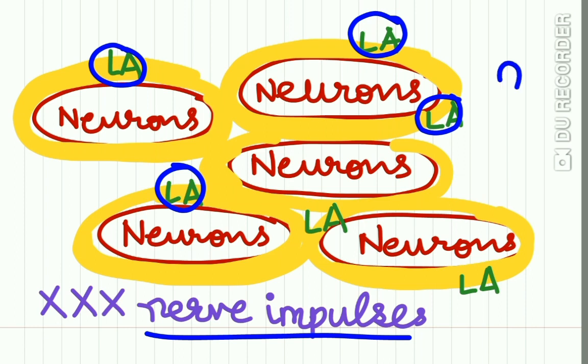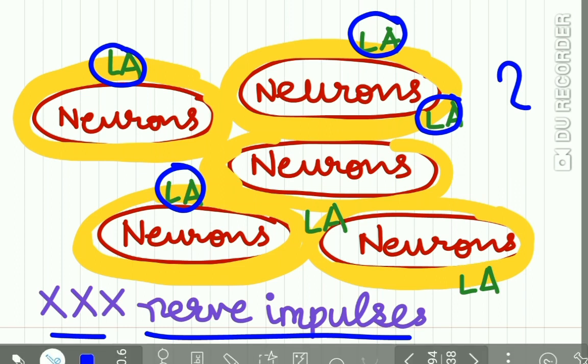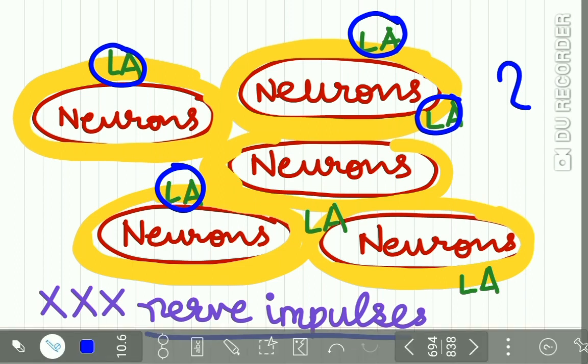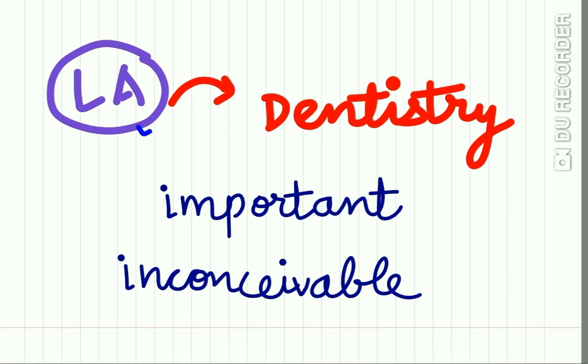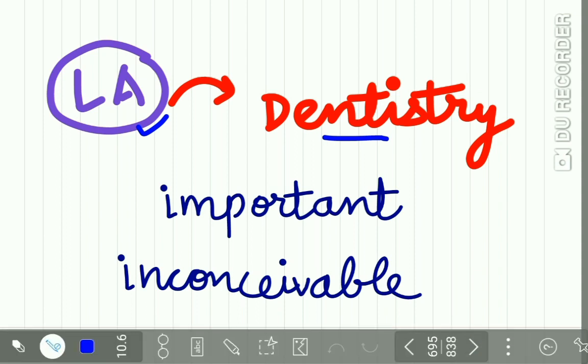So this is the simplified mechanism of action of local anesthetics, that is blockage of the generation and conduction of nerve impulses through the neuron in which they come in contact. Local anesthetics are employed routinely in dentistry, and currently the dental practice is inconceivable without local anesthetics.